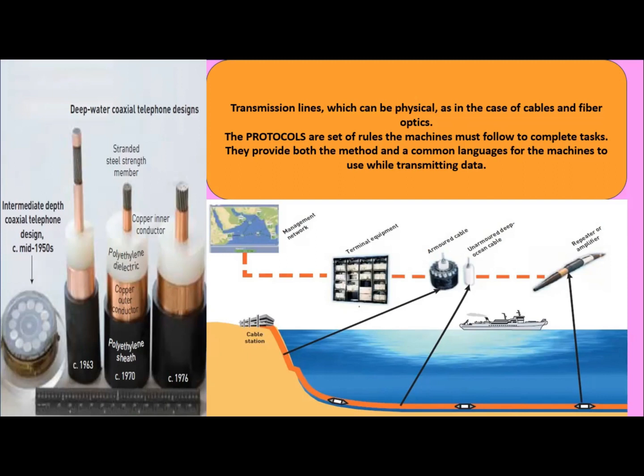Because of the difficulty they experience, and some of them experience shark attacks, these cables are protected with armored bodies. Some of them are unarmored deep ocean cable. We have the armored cables, and these cables are connected to the terminal equipment, and then we have the networks being managed.